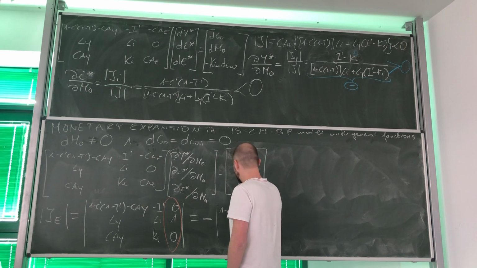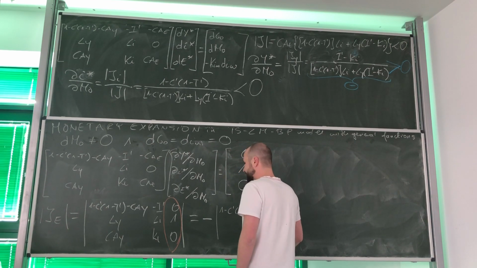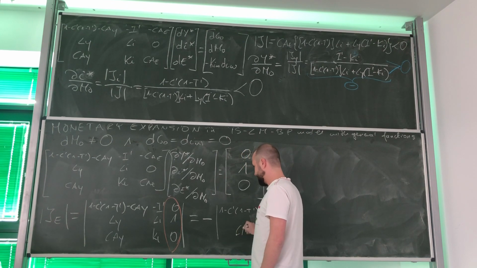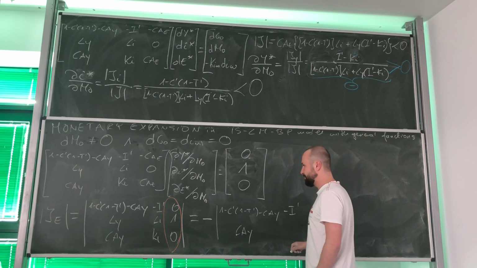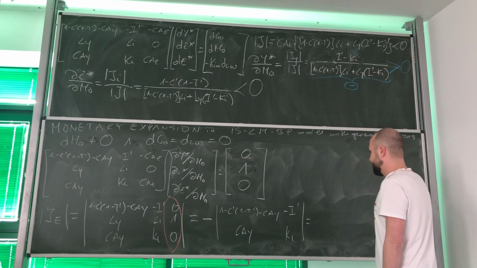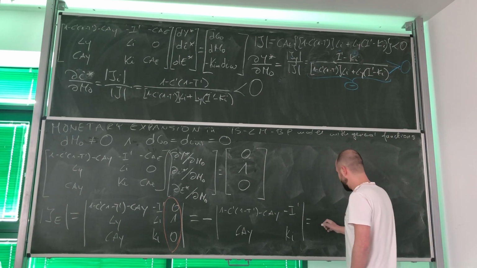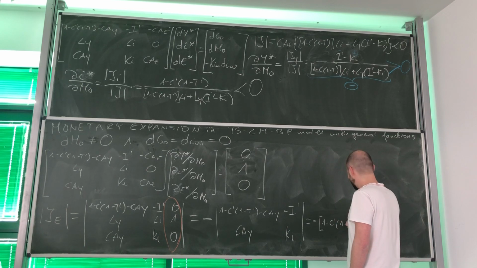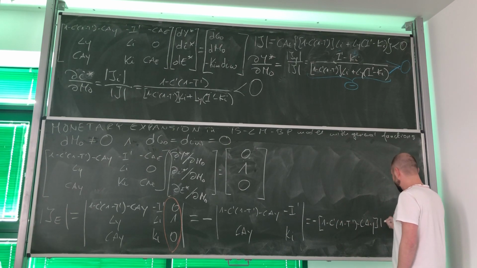So we get 1 minus c prime, 1 minus t prime, minus C_AY, minus I prime, K_I. So this is equal to negative 1 minus c prime, 1 minus t prime, minus C_AY times K_I.